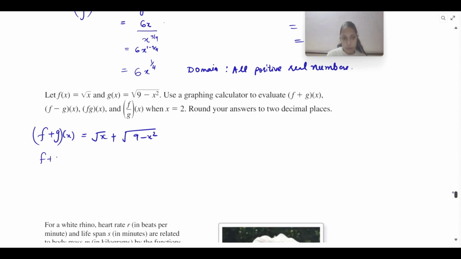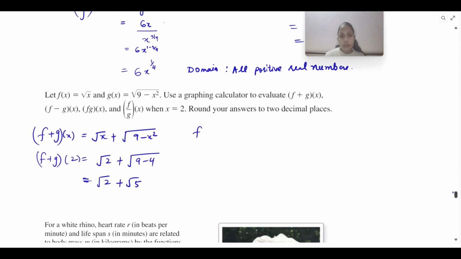Substitute 2. Square root 2 plus square root of 9 minus 4, that is 5. Square root 2 plus square root 5, you can calculate. This will be 1.41 something, and root 5 is 2.2 something. You can calculate this further.